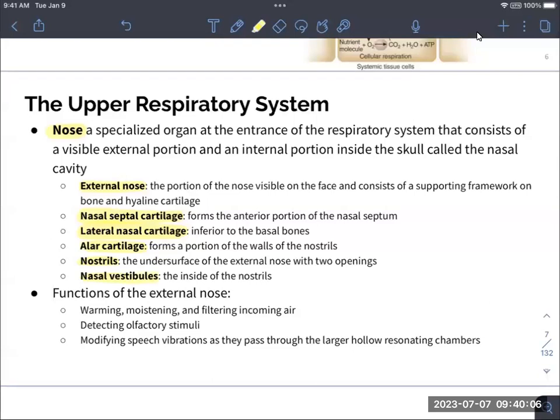Your nose carries a lot of functions. For air to make it down into the lungs, first it has to be warmed. If you're ever outside in the middle of winter when it's really cold and you take a breath in, it's very cold. You can feel it down into your lungs if you're breathing through your mouth.